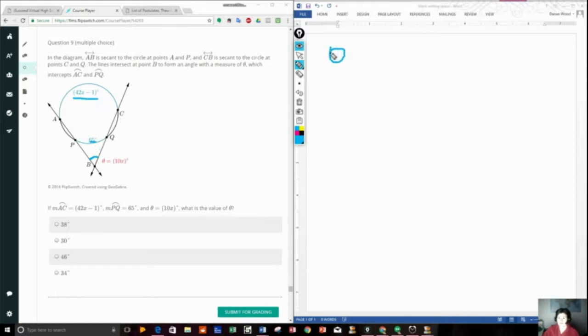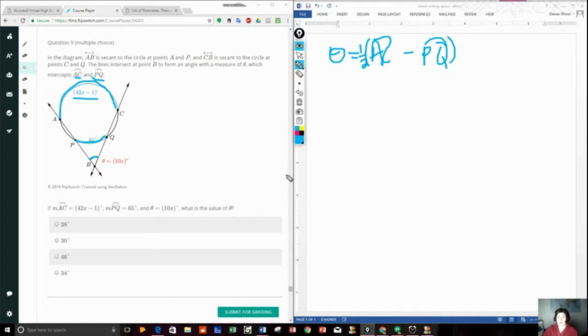So we know that theta is equal to arc AC minus arc PQ, because those are the arcs that it intercepts, and it says it right there. So arc AC, arc PQ, and it's half of that value.